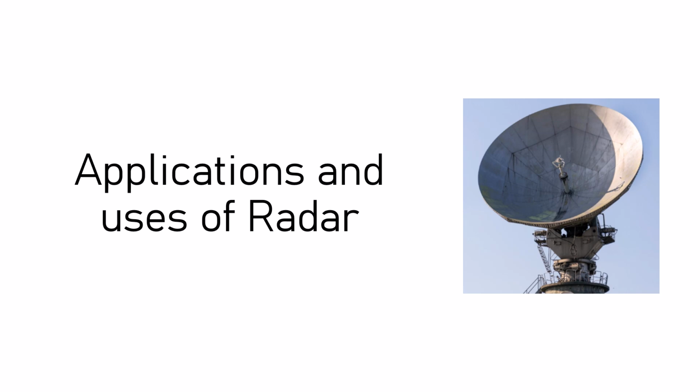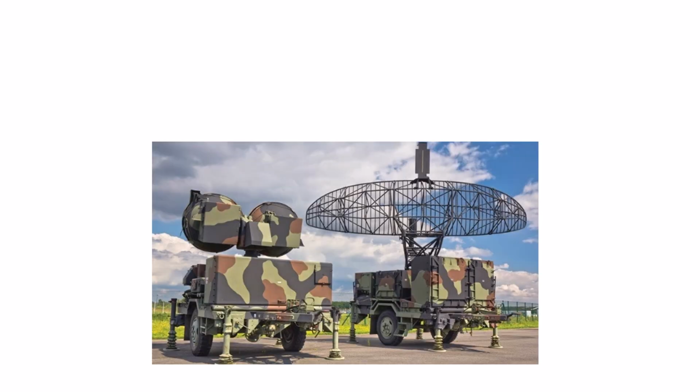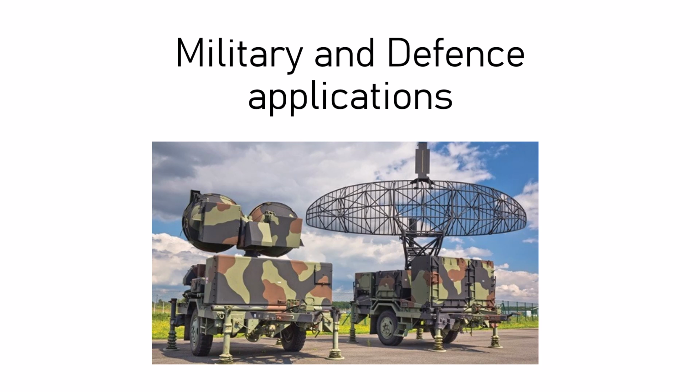Radar has a wide range of applications across various fields, from military and defense to civilian uses like weather monitoring and navigation. Radar is extensively used in military applications for surveillance, target acquisition, and missile guidance.